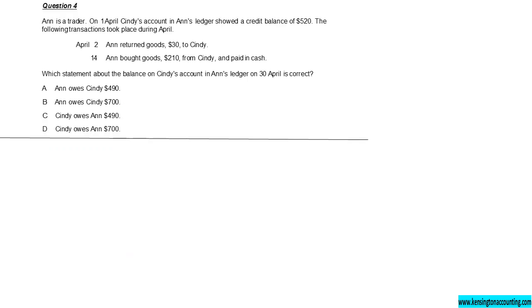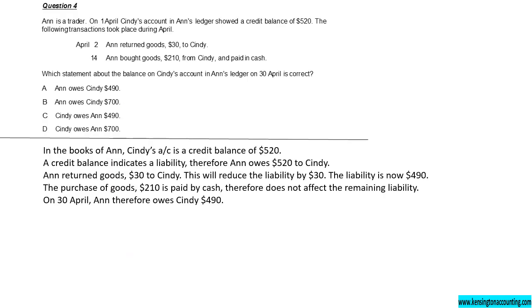Question 4. It says in the books of Anne, Cindy's account is a credit balance of 520. By that, we mean that the credit balance indicates it is a liability, therefore Anne owes money to Cindy. Now let's look at the two transactions.